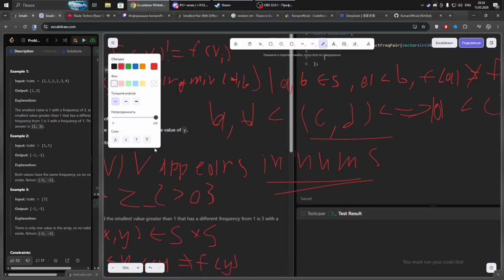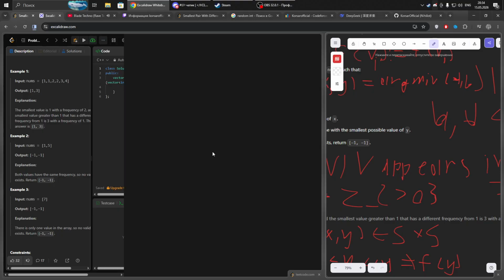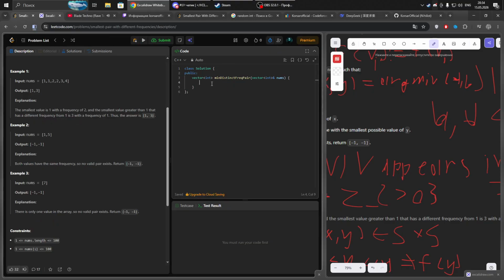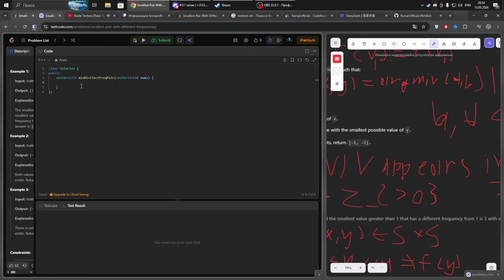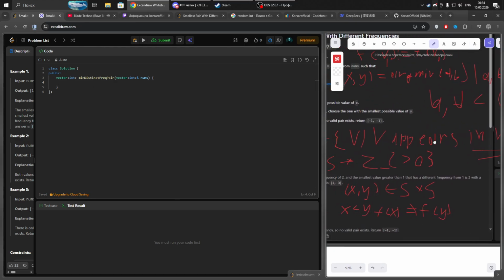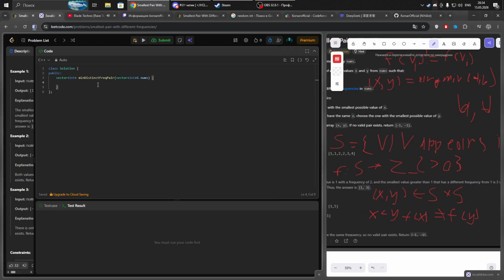So let's sort the distinct values like this. We use another map c, for int x in nums, c of x plus plus.